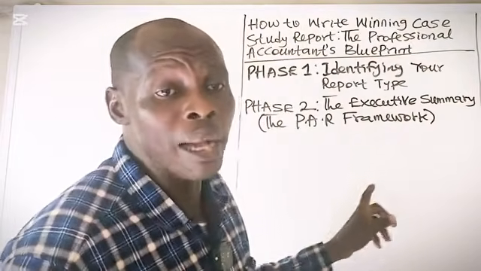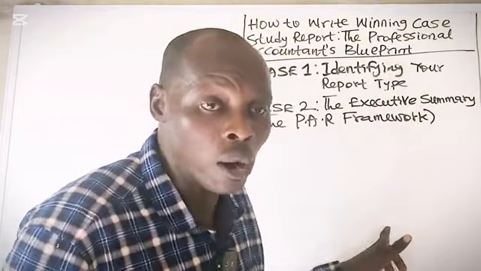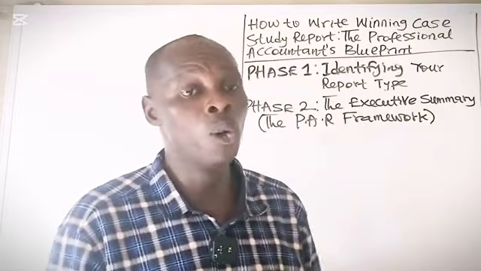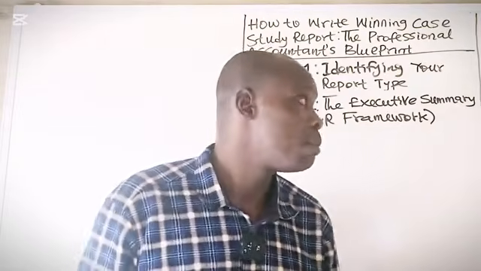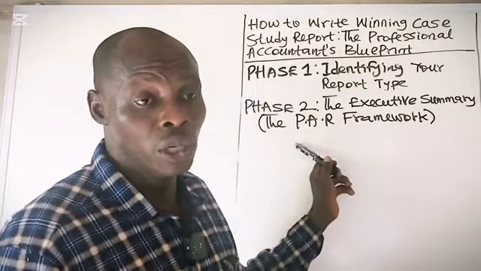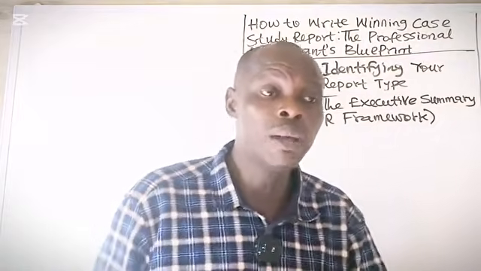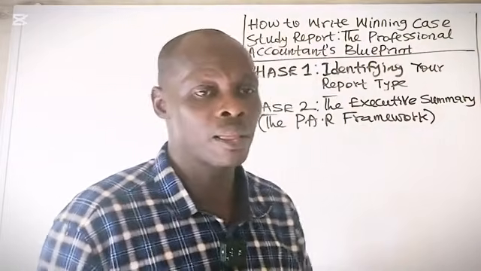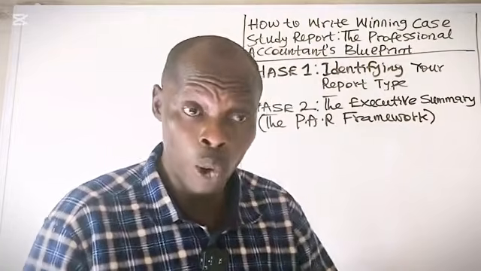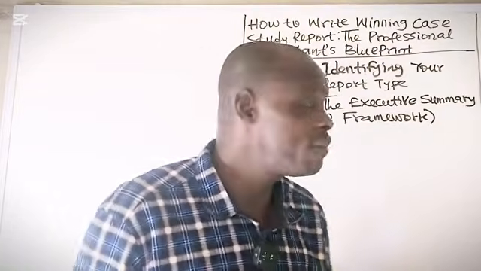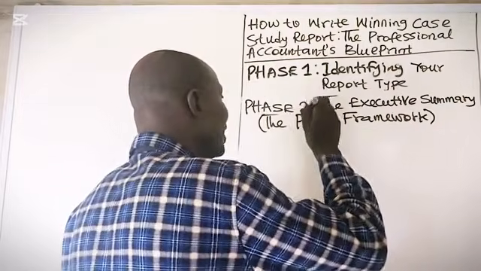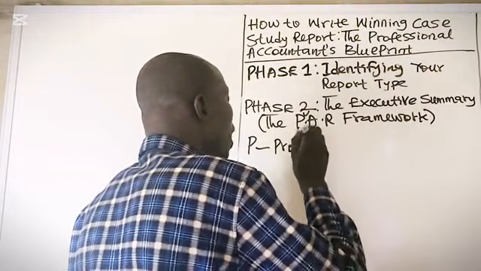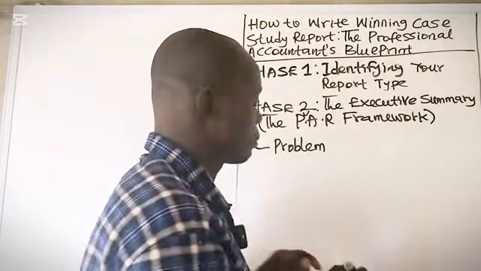I've told you to always make use of the PER framework to ensure you cover everything the board needs to know in 30 seconds. The first letter, P in PER, stands for problem.